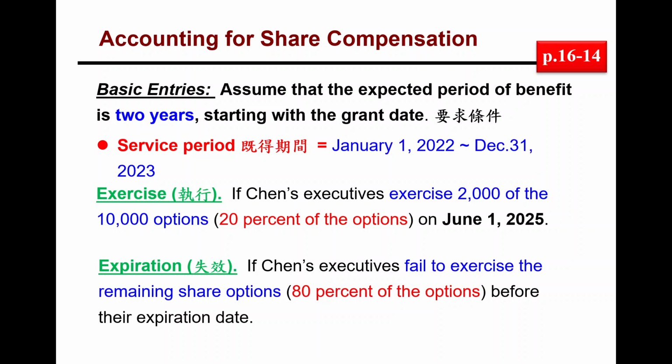So that 2 years is the period of benefit, because your company wants to get some benefit from employees. So usually here it says 2 years. That 2 years is your vesting period, service period, for 2 years.